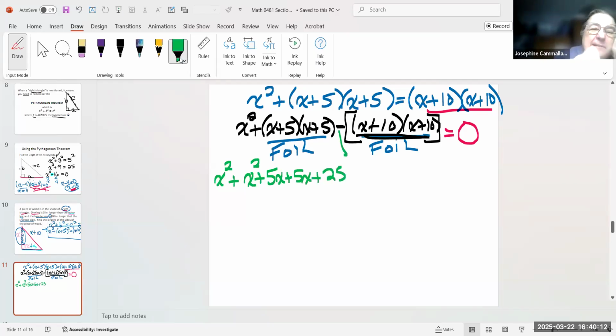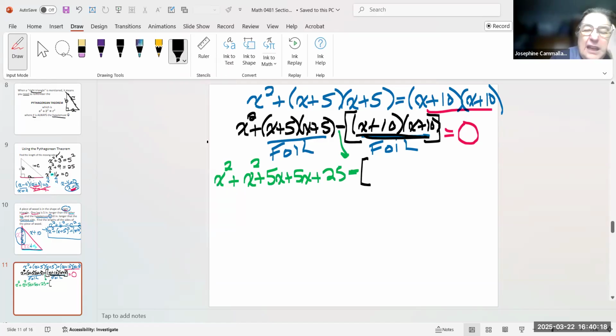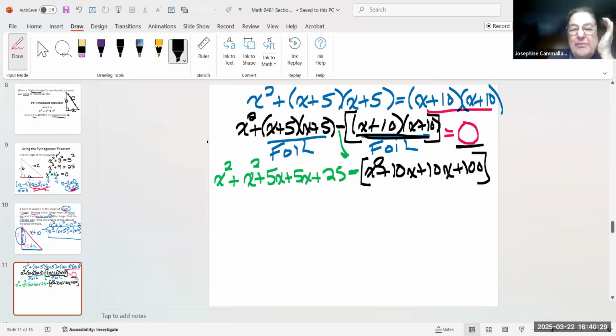Now, I can't lose this negative sign. This is going to give me x squared plus 10x plus 100, and that's still equaling 0.